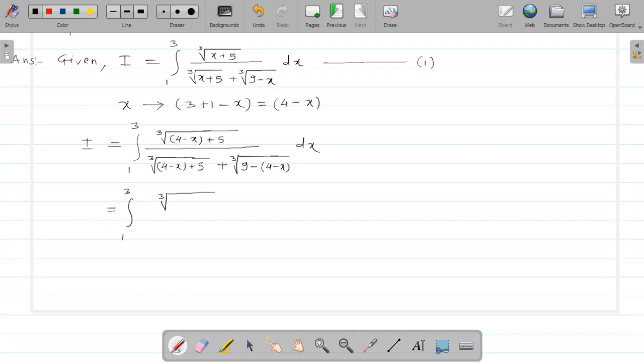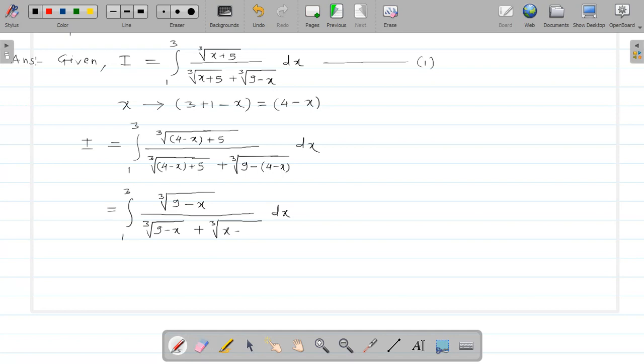It is 4 minus x plus 5, so 4 plus 5 that is 9 minus x, divided by, here you will get again 4 plus 5, that is cube root of 9 minus x, plus in the third cube root you will get 9 minus 4 plus x, 9 minus 4 means 5 plus x, so it is 5 plus x, or you can write x plus 5 also. I will write x plus 5 here.